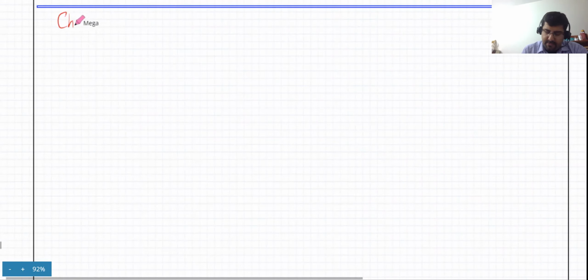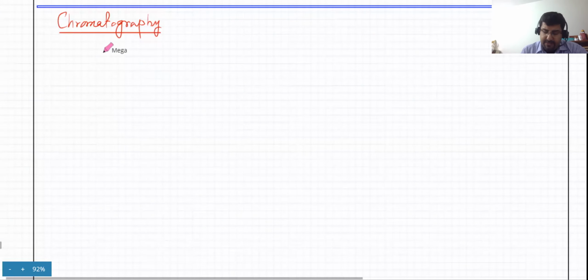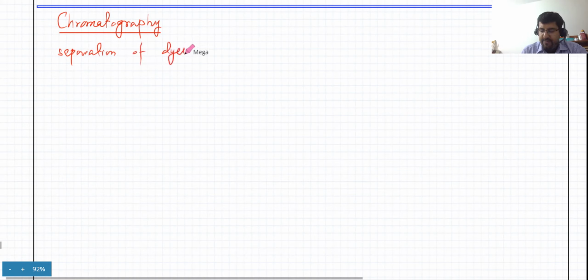Let's start talking about chromatography. Now, this technique is specifically for separation of dyes. So, if you have different colored dyes, you can separate them using chromatography, and it's used in biology a lot.